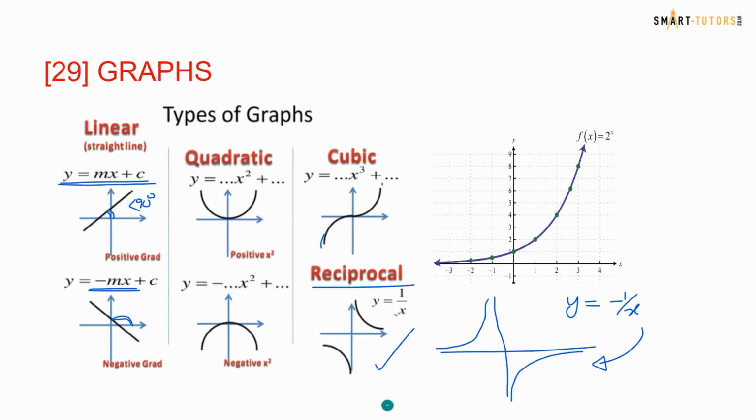And finally exponential graphs of y = 3 to the power x, 2 to the power x, anything to the power x always comes to this purple color line here. It is all the way an increasing function, and the x-axis becomes the asymptote. The graph never touches, it's approaching 0. So those are the different types of graph.